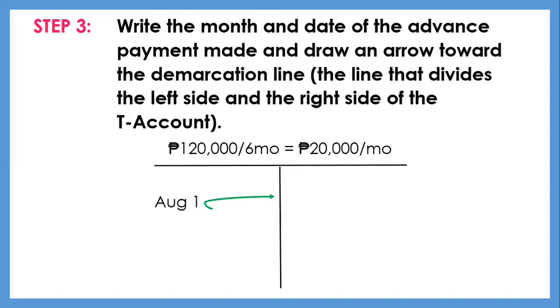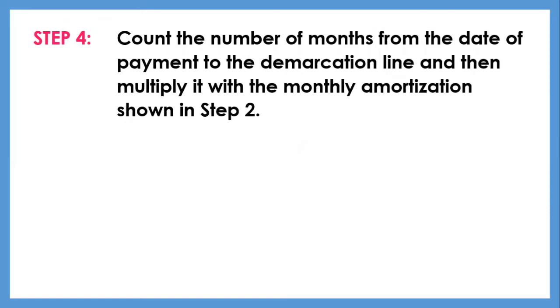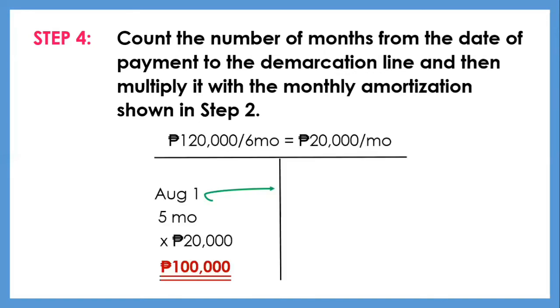In step number 4, we count the number of months from the date of payment to the demarcation line and then multiply it by the monthly amortization shown in step 2. Remember that our monthly amortization is 20,000 pesos. This is how step number 4 looks like. We have the transaction date, August 1, and an arrow going to the demarcation line.